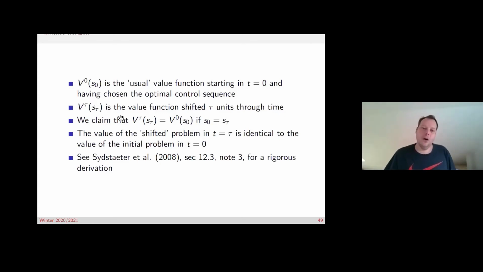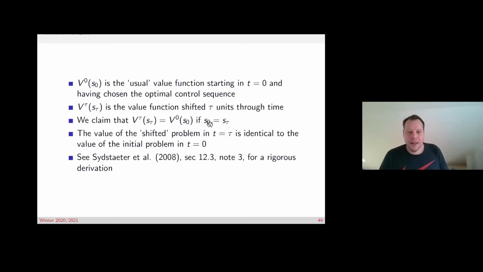Okay, and what we claim, and which is proven in the Sydsaeter et al. textbook, and it's not super complicated, it's relatively easy to prove as far as I remember, but it's a bit tedious, is that those two problems, so the value of being today and the value of being in 5 years, given that the state is the same, is identical.